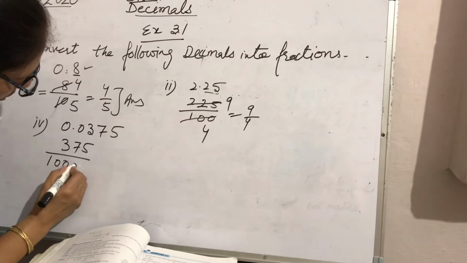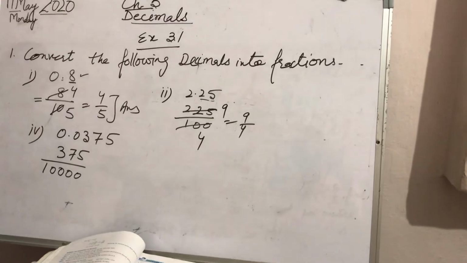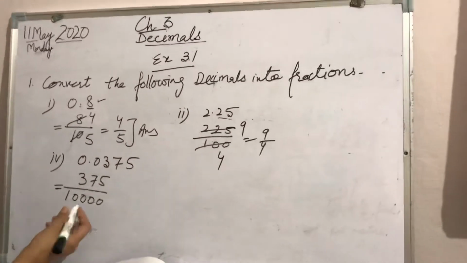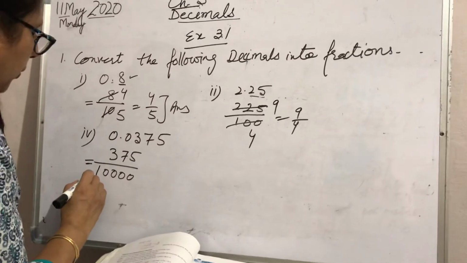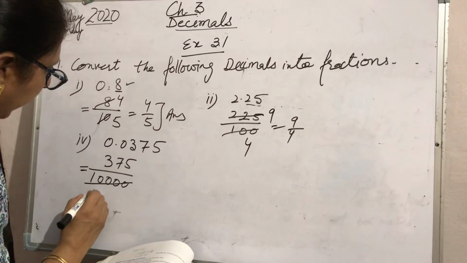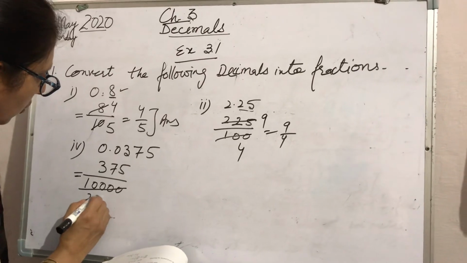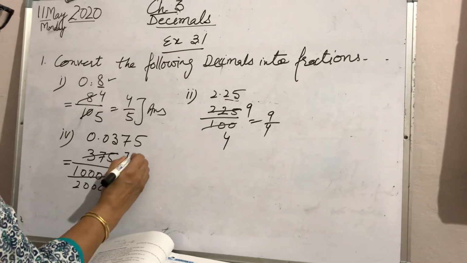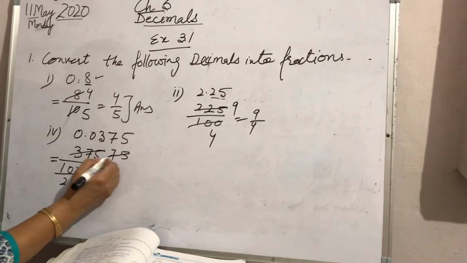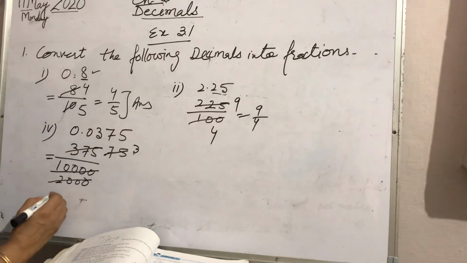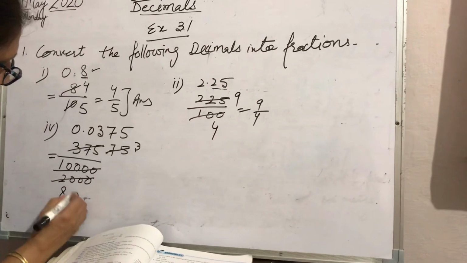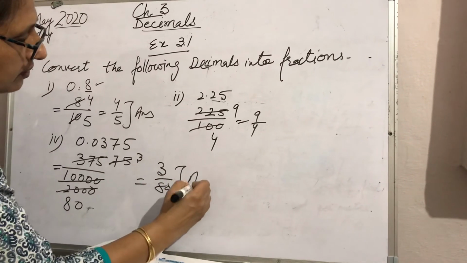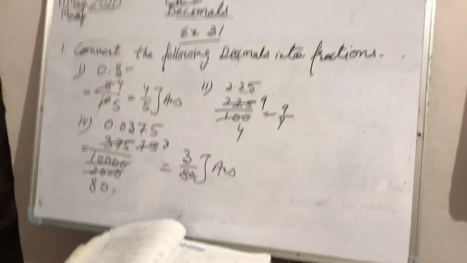Now we have to reduce them. You can reduce simply with 5: 5 sevens are 35... 5 fives are 25. 25 threes are 75, 25 eights are 200. So 3 upon 80, this is the answer. So complete this question.